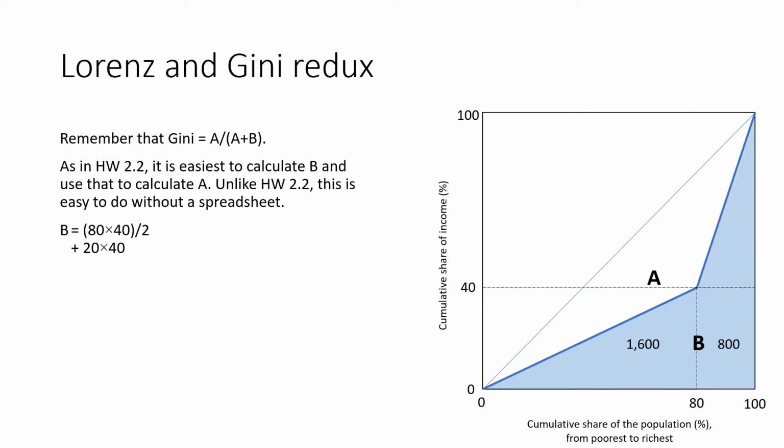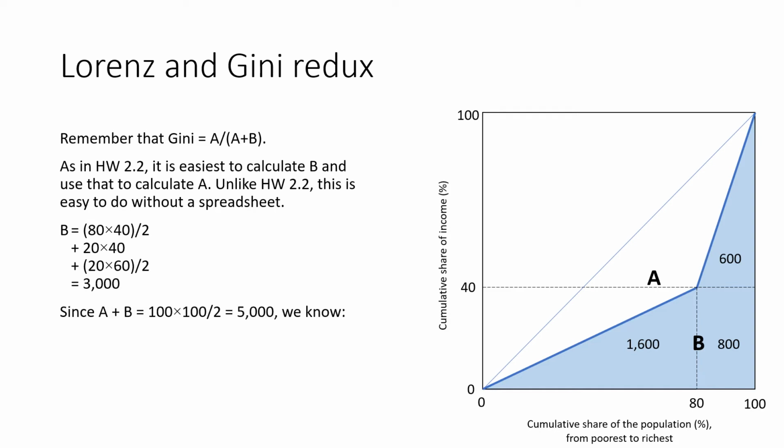And this triangle up here has an area of 20 times 60 divided by 2, because it's a triangle, of 600. That means that B together has an area of 1,600 plus 800 plus 600, or 3,000.